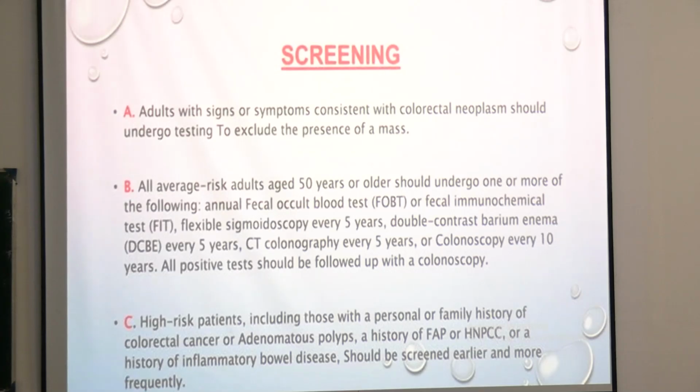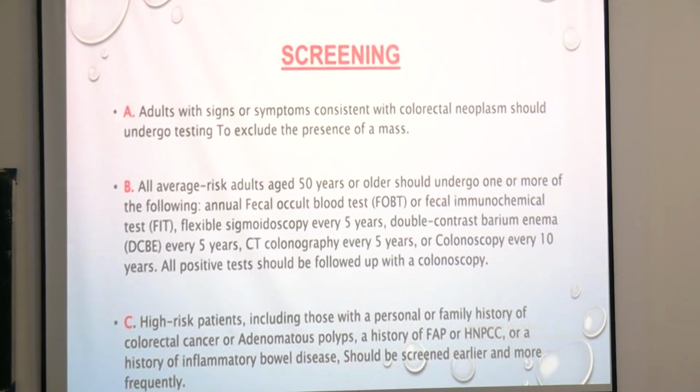Now, how will you screen a patient? This is more of a clinical thing. So, I have previously mentioned the signs and symptoms of colonic carcinoma: right colon, left colon, rectal carcinoma.